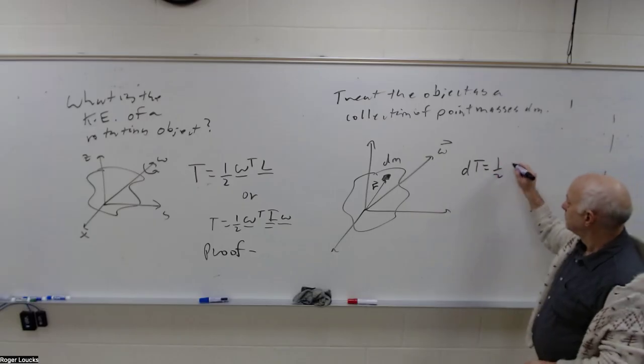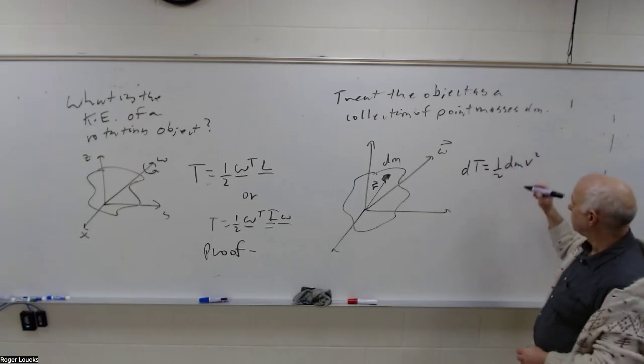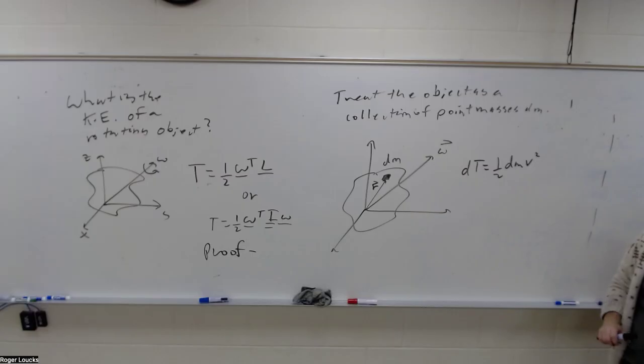It's 1/2 dm v squared. You tell me what to do with v squared. Before we do that, what's another way of writing v squared? V dot v.